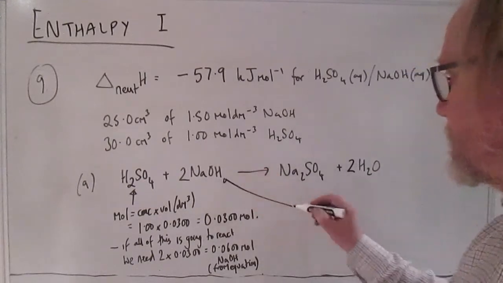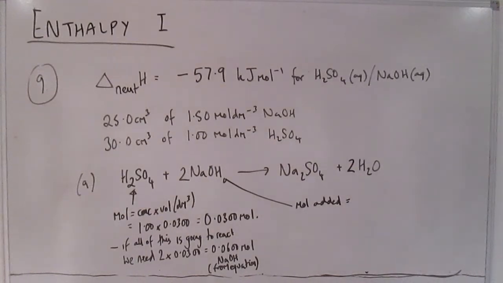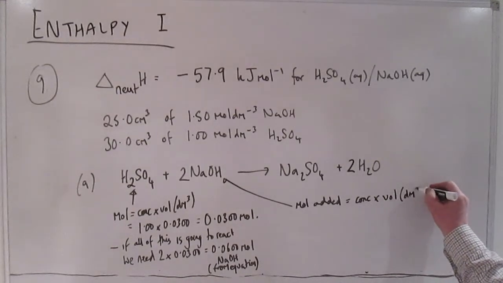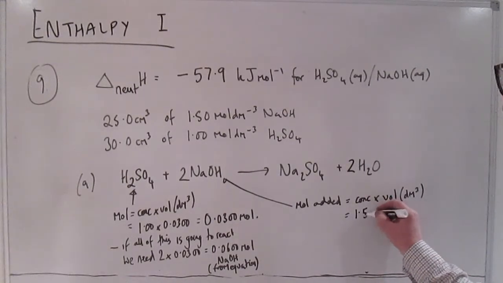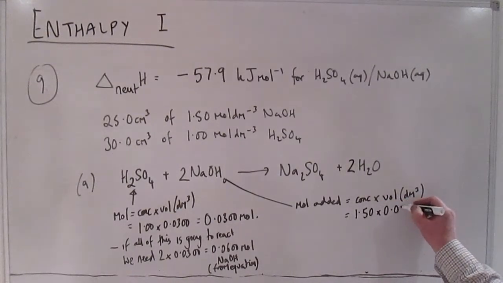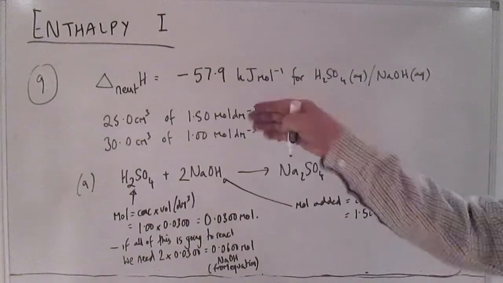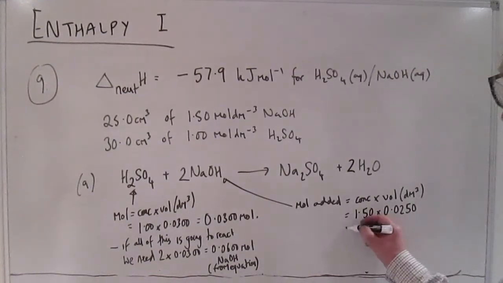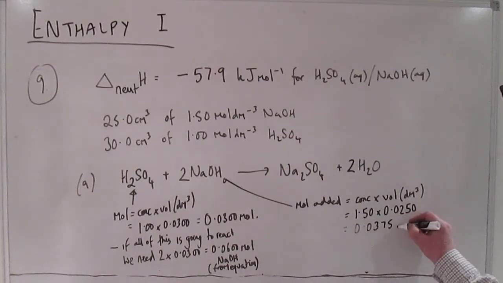So for the sodium hydroxide, we get the moles added is again concentration times volume in dm cubed, which is 1.50 times 0.025 dm cubed, again dividing the 25 by 1000, and if we work that out, that comes to 0.0375 moles.